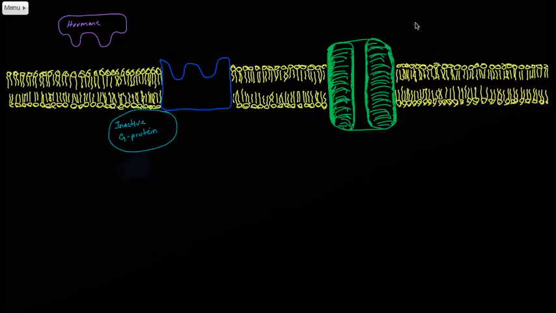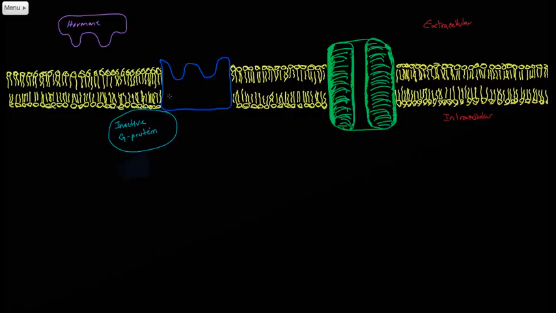So here we have the extracellular side. Here we have the intracellular side. Here we have a free-floating hormone, and this again can be anything from peptide hormones, catecholamines, and then eicosanoids.